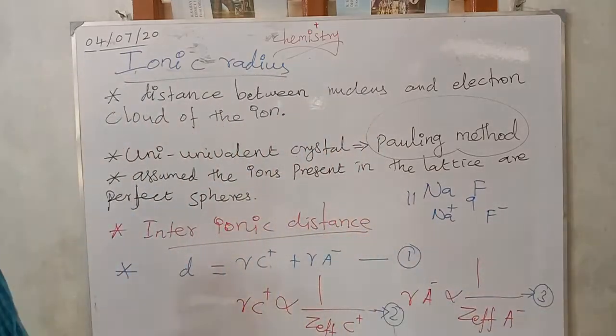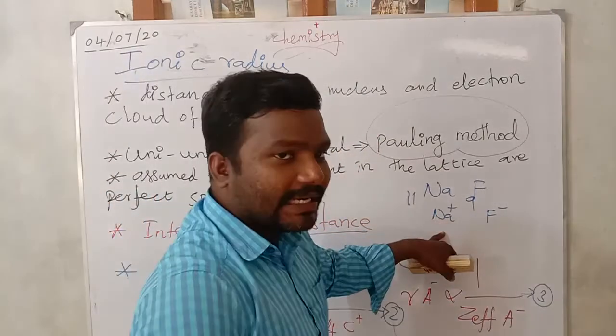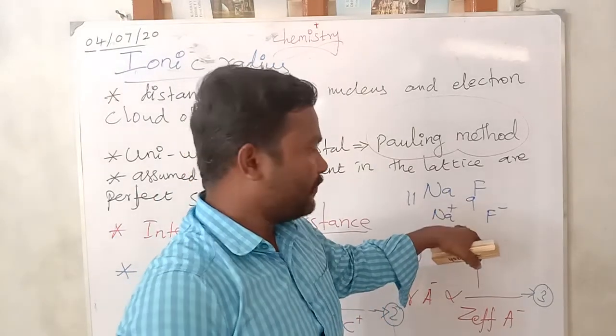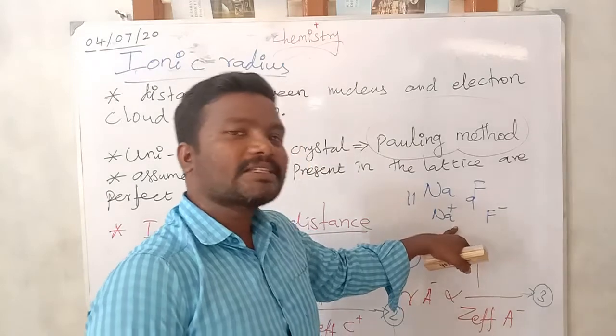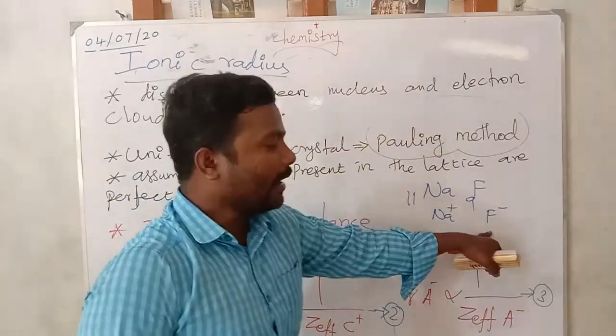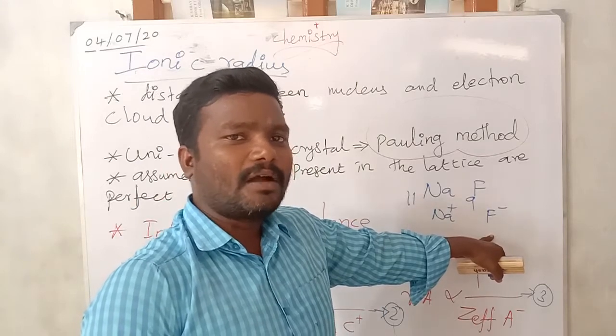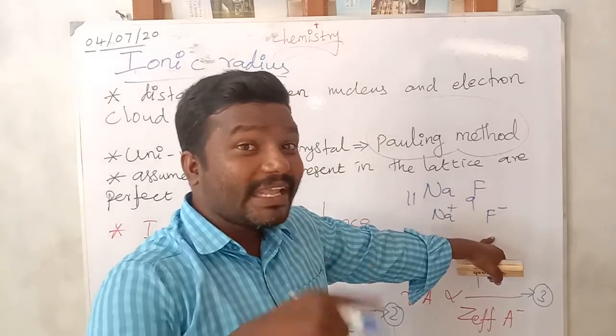What do you mean by Na plus? Whether it has gained an electron or lost an electron. First one, Na plus, loss of an electron. Second one, gain of an electron. Why am I saying loss or gain of electron? Depending upon the charge.